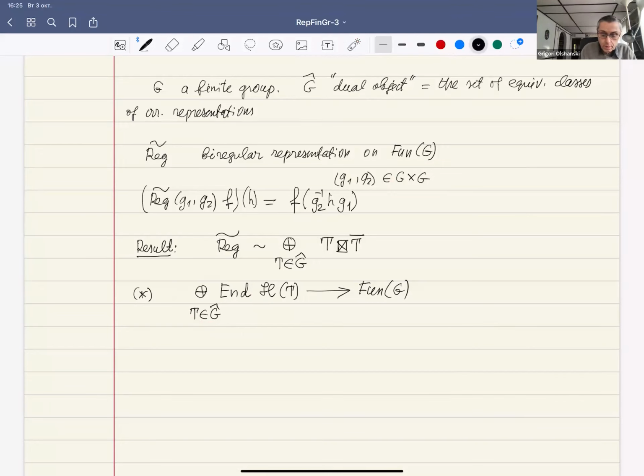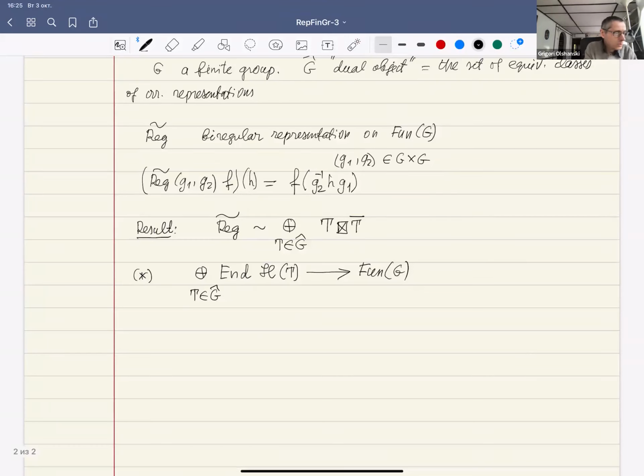So, a corollary which is deduced from this is as follows.